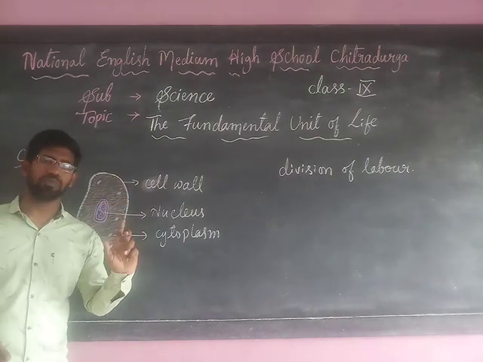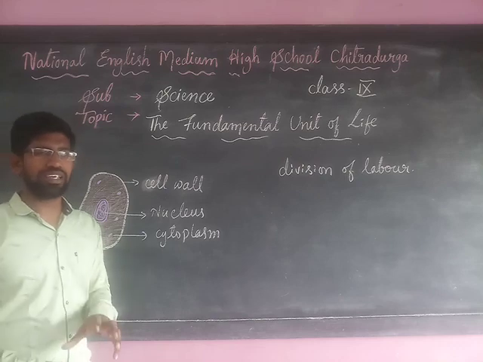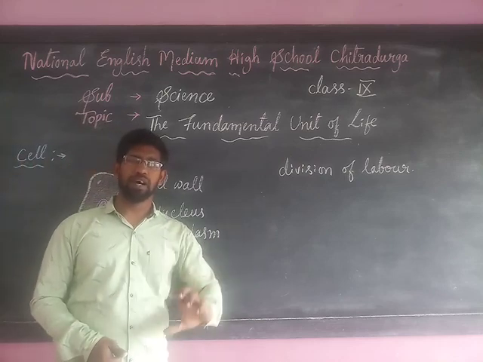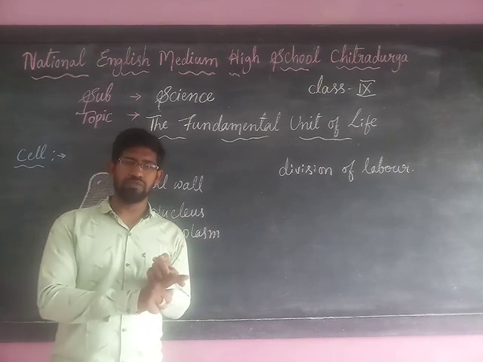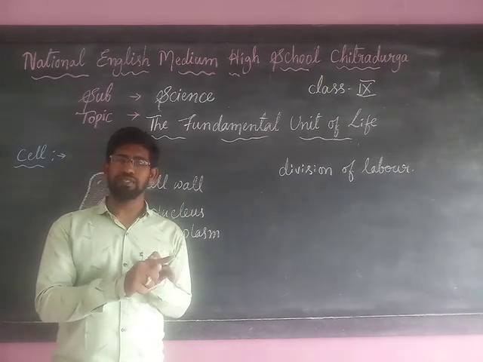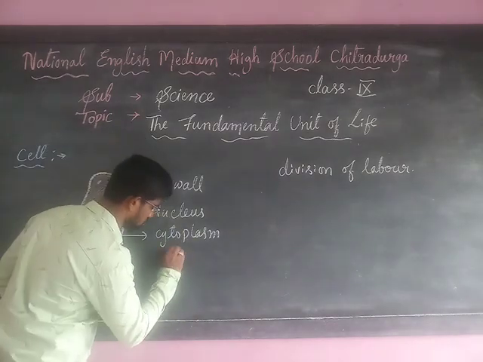Why is it called protoplasm? Because the fluid part, the cytoplasm, contains a number of parts of a cell within it. So the parts of a cell and the fluid cytoplasm, both together, are called protoplasm.